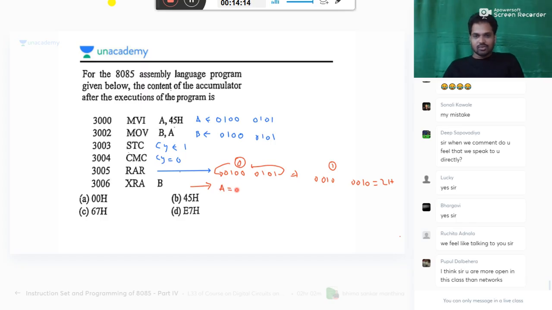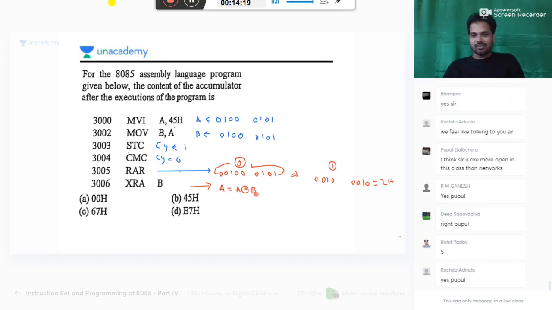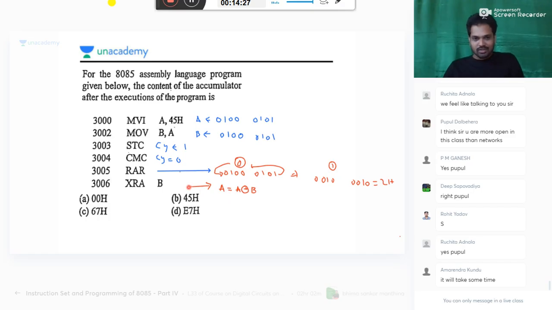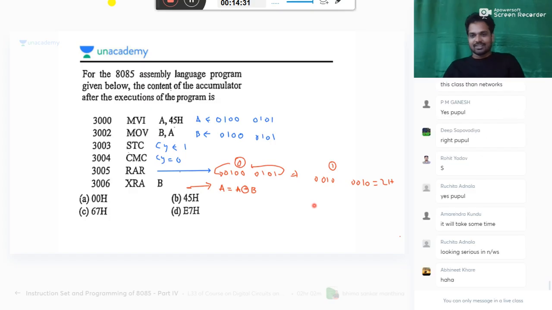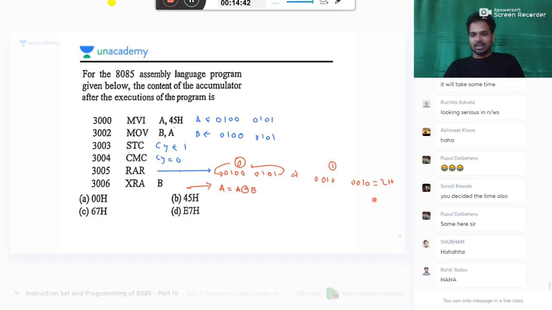A equal to A XOR B. In networks also, I will open from Monday onwards, because right now load is more and morning energy is less. It is not serious, it is just weak.